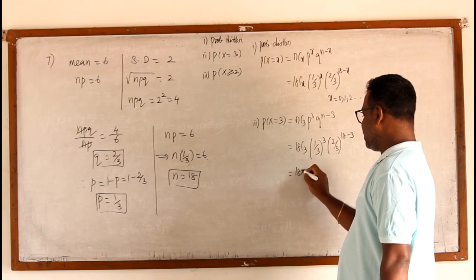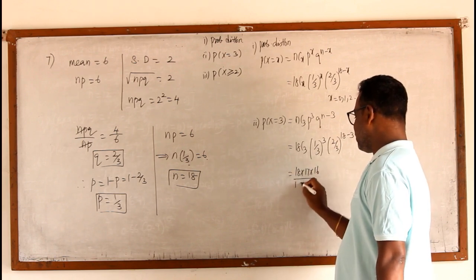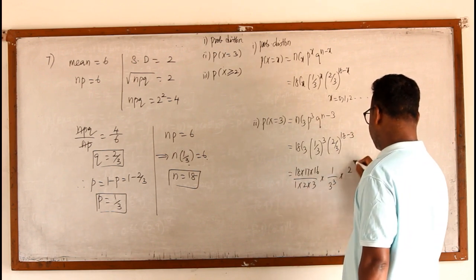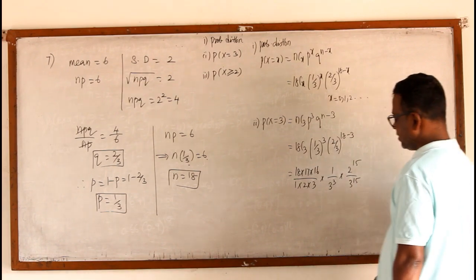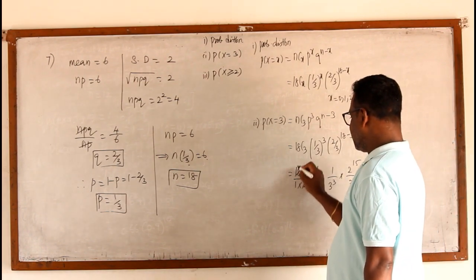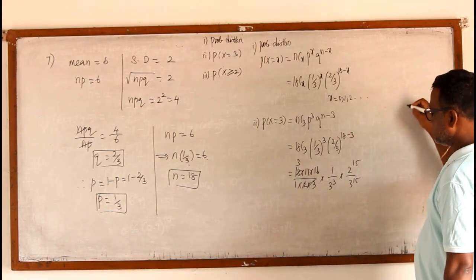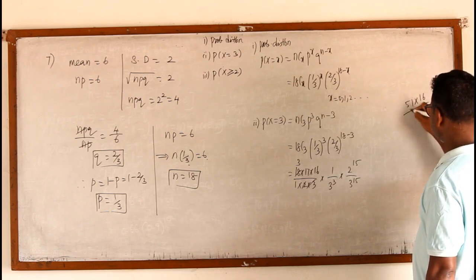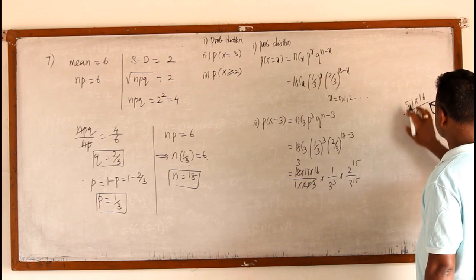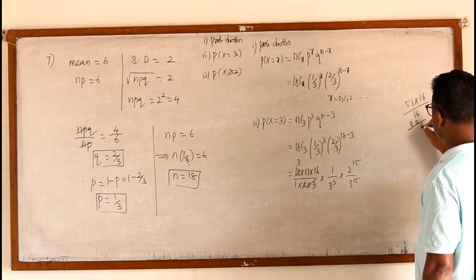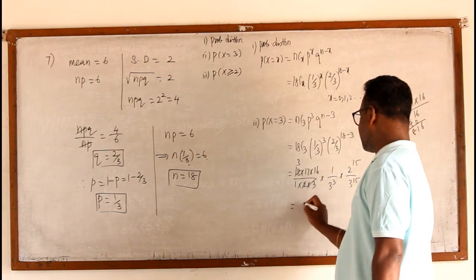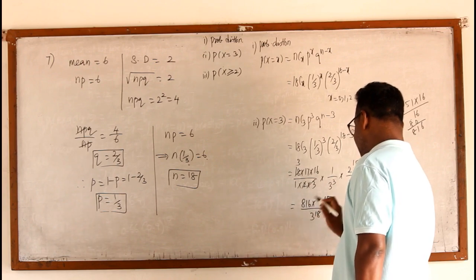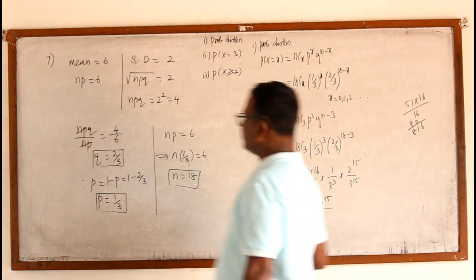It is 18 into 17 into 16 by 1 into 2 into 3, into 1 by 3 cube, 2 power 15 by 3 power 15. 2 3s are 6 and then this one is 18. 3 17s are 51, divided by 3. 1 16s are 16, 5 16s are 80. So 816 into 2 power 15 by 3 power 18. This is probability of x equal to 3.